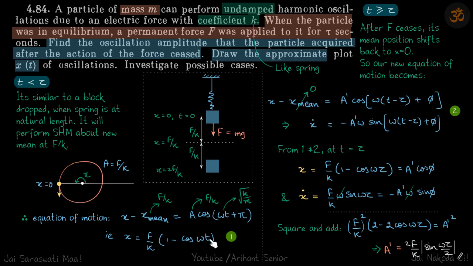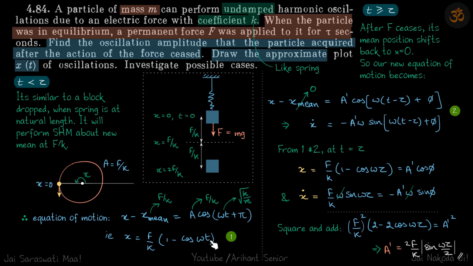So at t equal to tau, x is F by k (1 minus cos omega tau). And from the other equation, when you put t equal to tau, the bracket becomes 0, so this becomes cos phi, so x becomes A dash cos phi. Similarly, when we equate x dot, x dot here will be F by k into omega sine omega t.